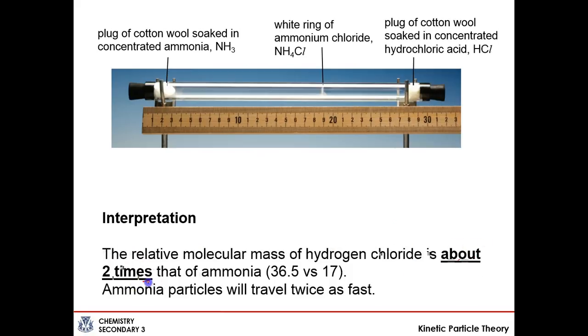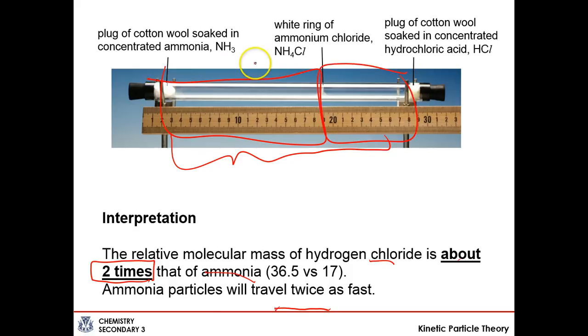And because HCl is twice as heavy compared to ammonia, it means that ammonia can travel twice as fast. Inversely proportional, twice as fast. So if this is 3 parts, this is twice as fast. For every 1 unit this travels, the gas travels 2 units.